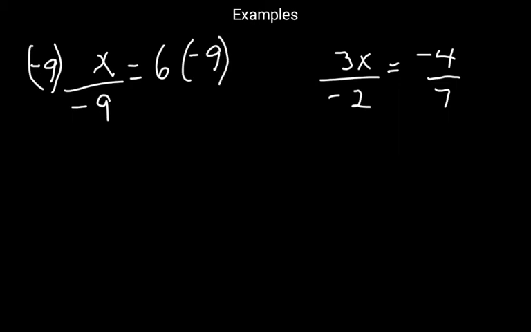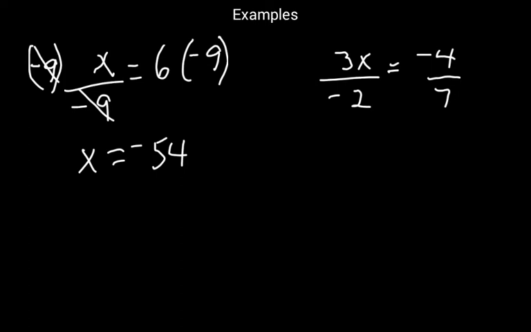This is a property of equality: whatever you multiply the left side by, you multiply the right side by. So this would cancel, leaving x. And then 6 times -9 gives us -54. And if you go back to the original equation, put in -54 here. -54 divided by -9. It's two negatives, so the result will be positive, and it'll be a positive 6.